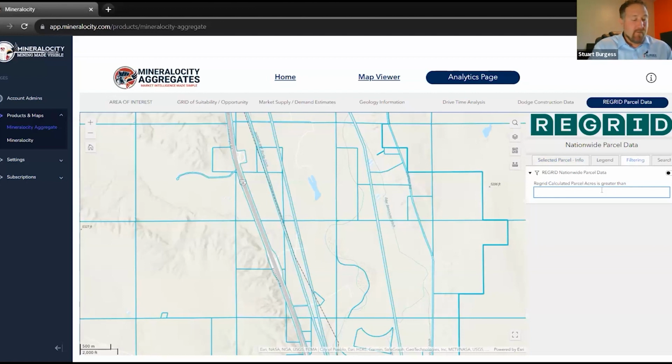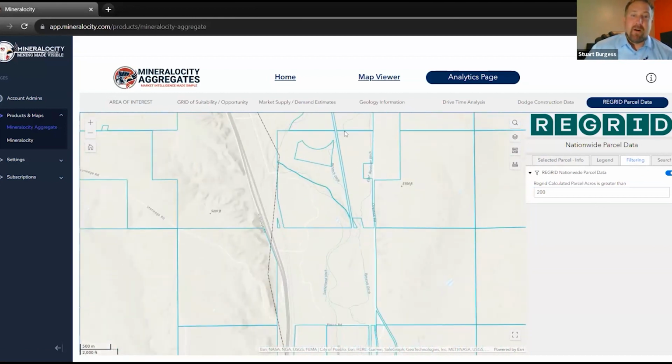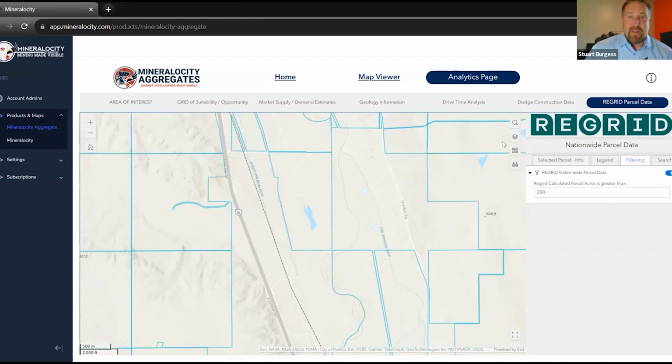So let's start with, we want to find a parcel that's 200 acres in this area. So I turn on our filtering here within Regrid, and now you can see it's only showing parcels that are greater than 200 acres within this area.